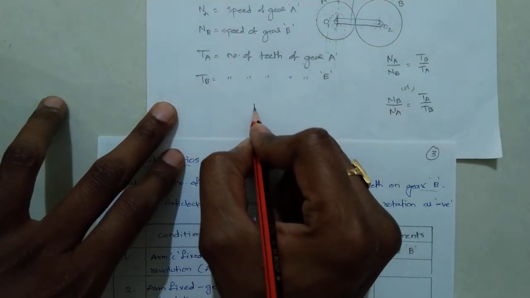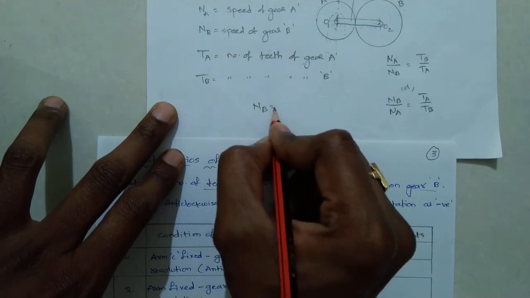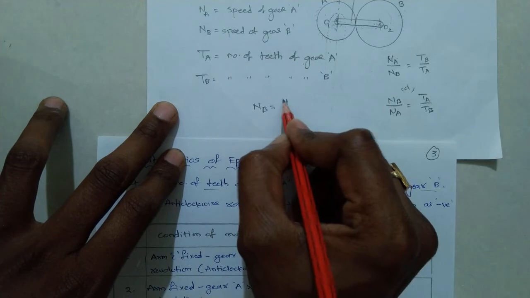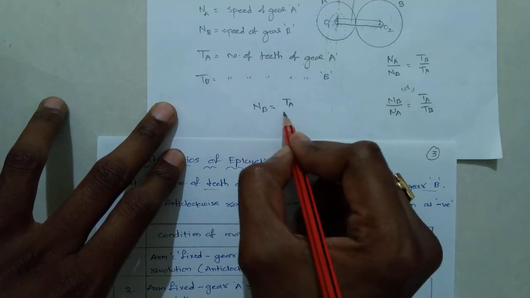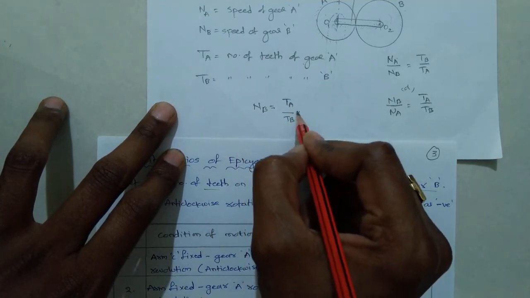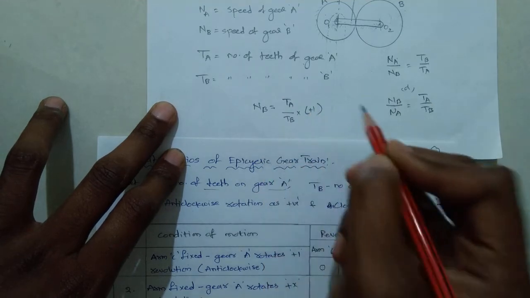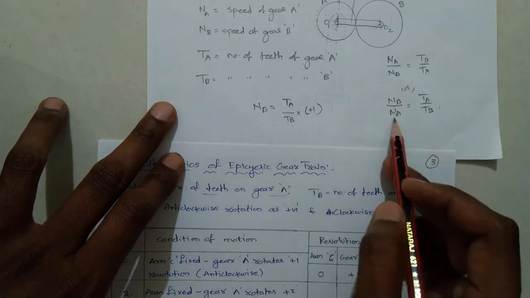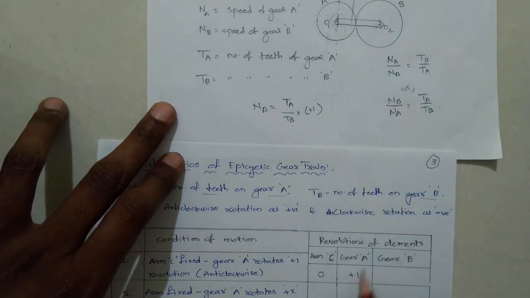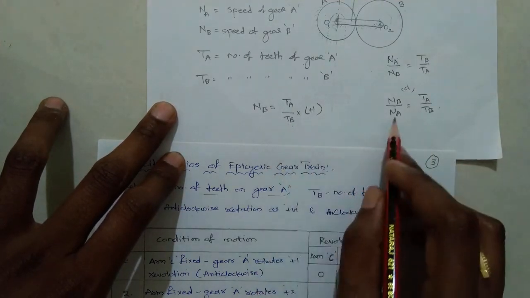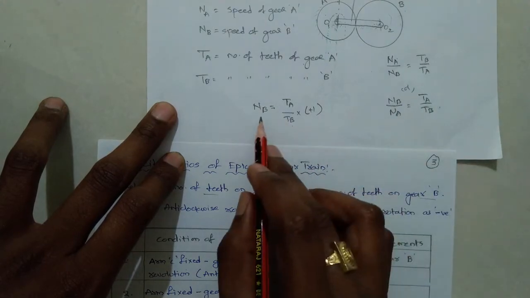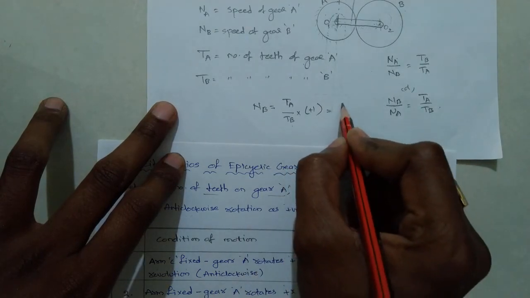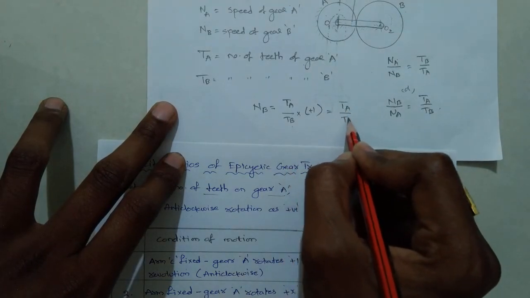NB is equal to TA by TB into plus 1, because NA has gone to this side. As NA is equal to 1 revolution, we got NB is equal to TA by TB into 1. So we can simply write it as TA by TB.